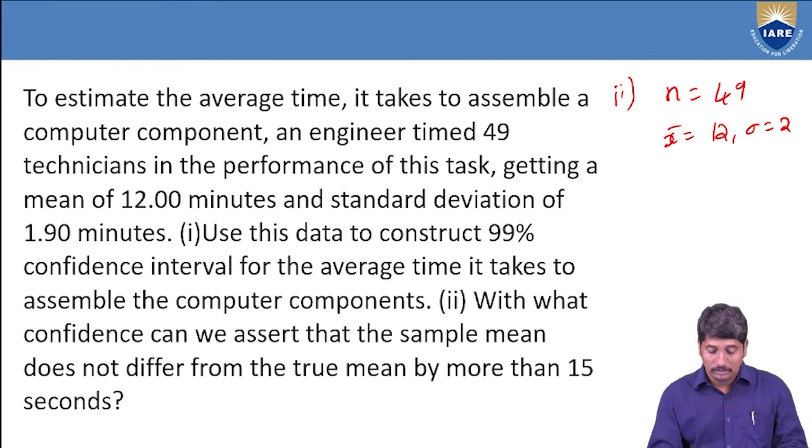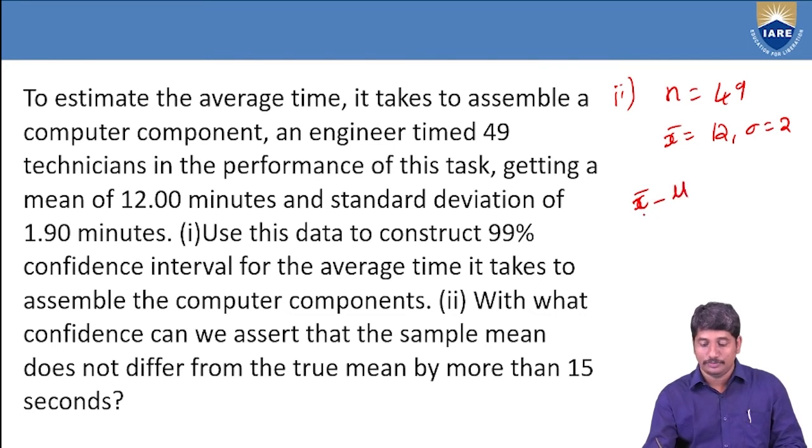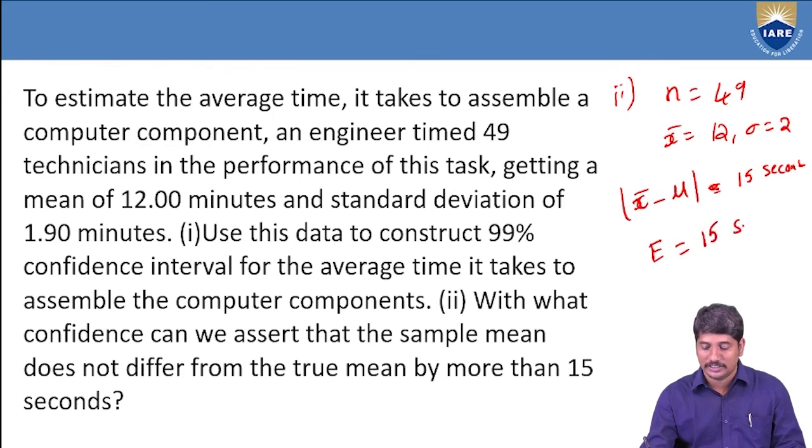But in the second bit, we are given that the sample mean x bar differs from the true mean, that is mu, by not more than 15 seconds. The difference between these two will be 15 seconds. And what is the probability of having the difference between x bar and mu less than 15 seconds? That is what we are asked to find. So we take this as the maximum possible error, 15 seconds.